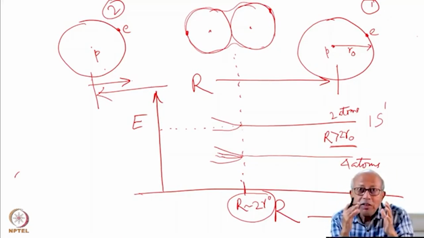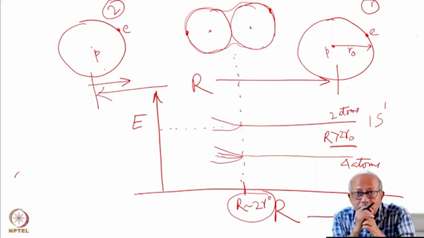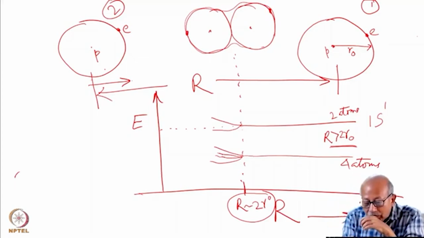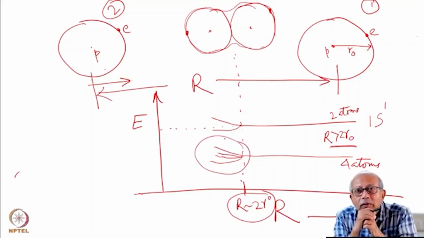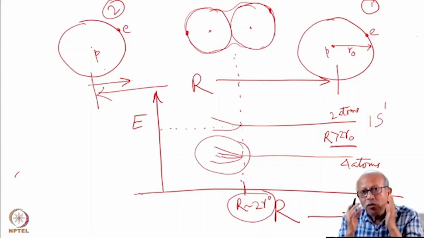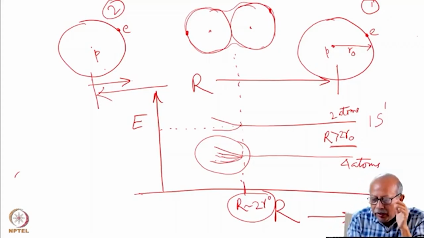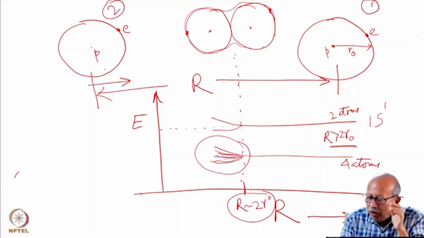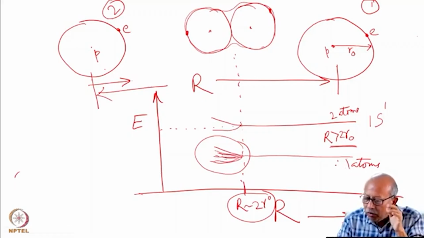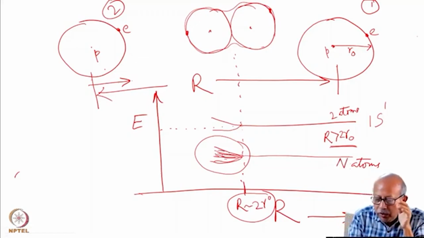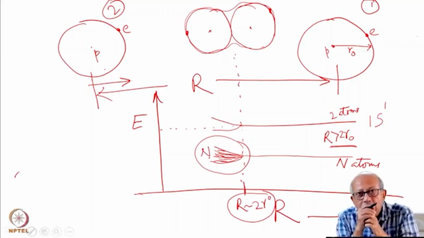So they have started interacting with each other, and that manifests as the splitting of the energy levels. If we have n atoms instead, it will split into n energy levels.